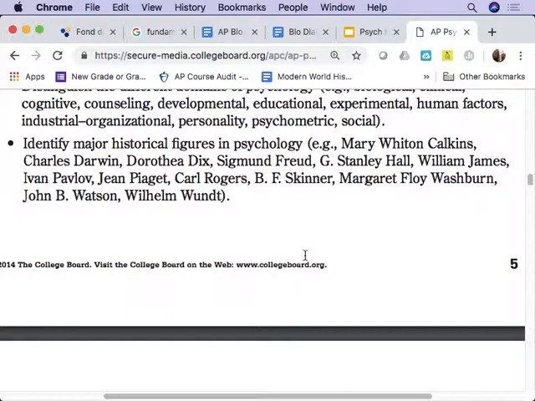Now, I don't have it up here. He's not listed here, but after that, so it's very separate, we're looking at everything separately, Max Wertheimer, which we'll probably see later, but I'll just put it now. Max Wertheimer created the Gestalt theory.